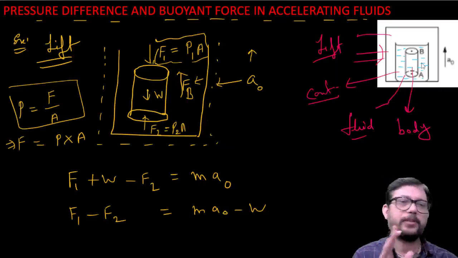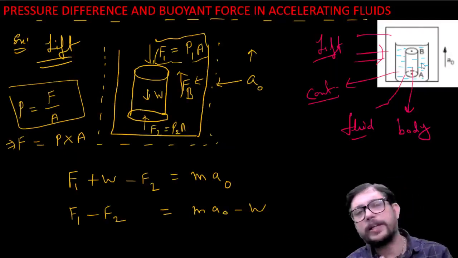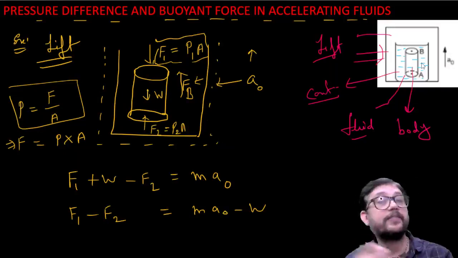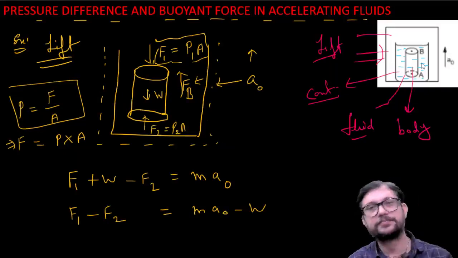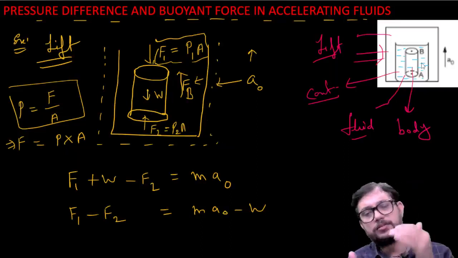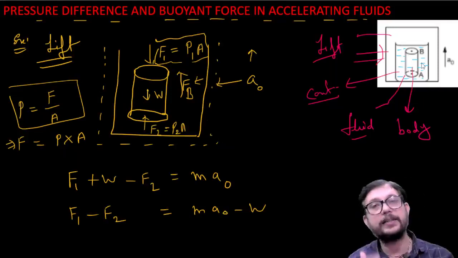We have to calculate the pressure difference. We know that if the body is in a vertical position, then there must be different pressure on its edges. The upper side will be at lower pressure, and the deeper side will be at higher pressure.